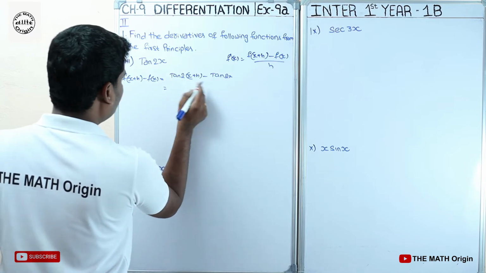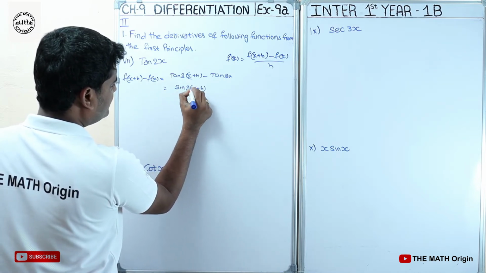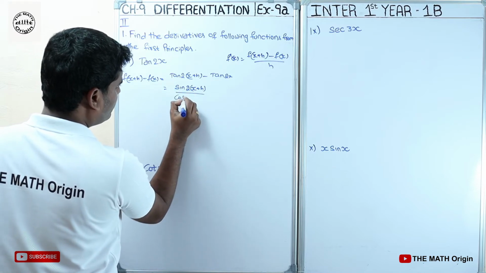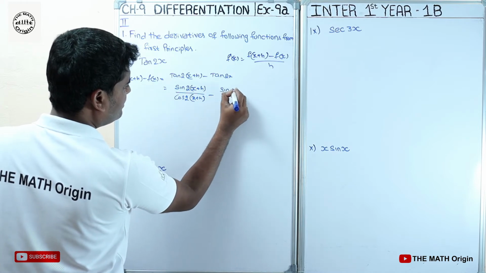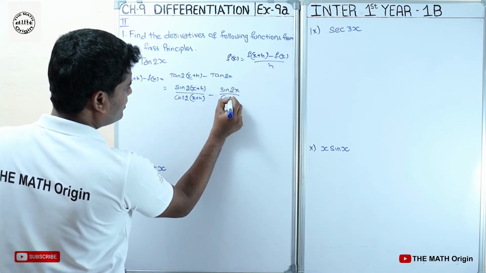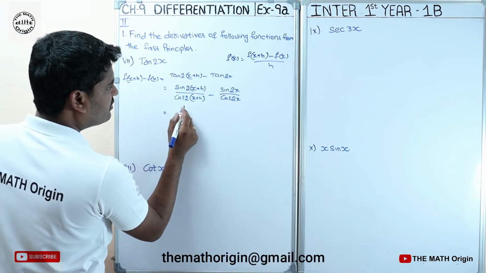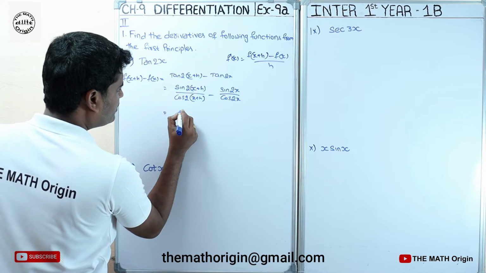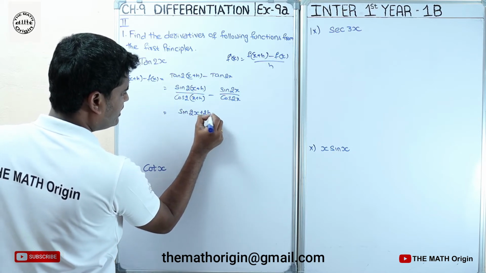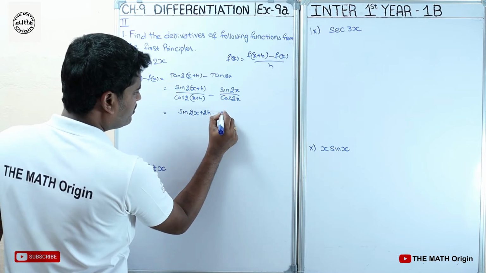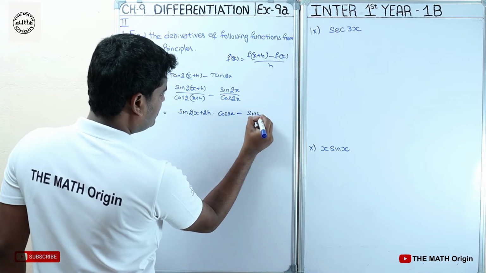This I will write as sin 2(x plus h) by cos 2(x plus h) minus sin 2x by cos 2x. From this it will be sin (2x plus 2h) into cos 2x minus sin 2x.